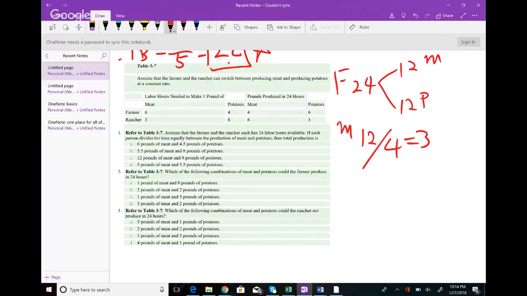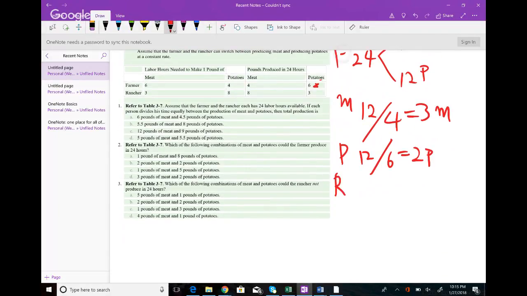And for potato, 12 divided by 6, he can produce 2 potatoes. So 3 pounds of meat and 2 pounds of potato. Now the rancher is also doing half and half. For the rancher's meat, 12 divided by 8 hours each, that should be 1.5.